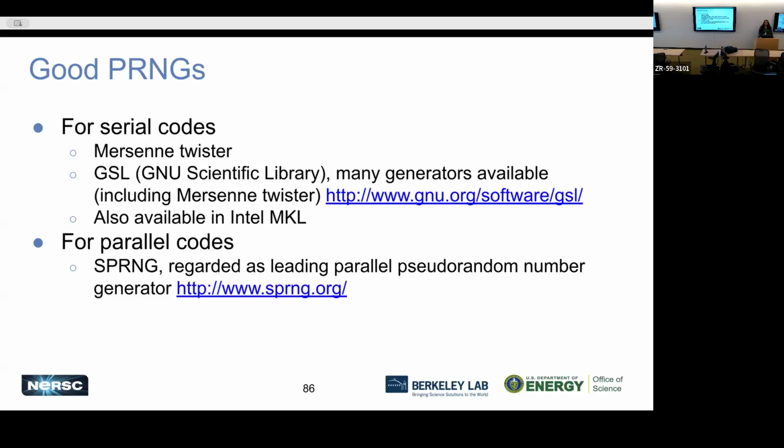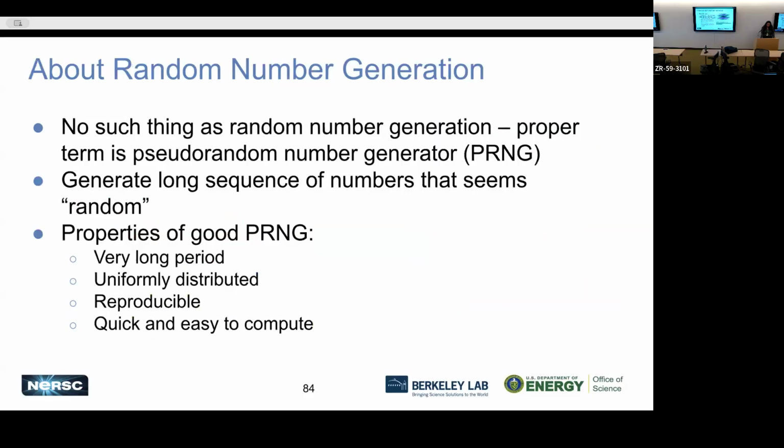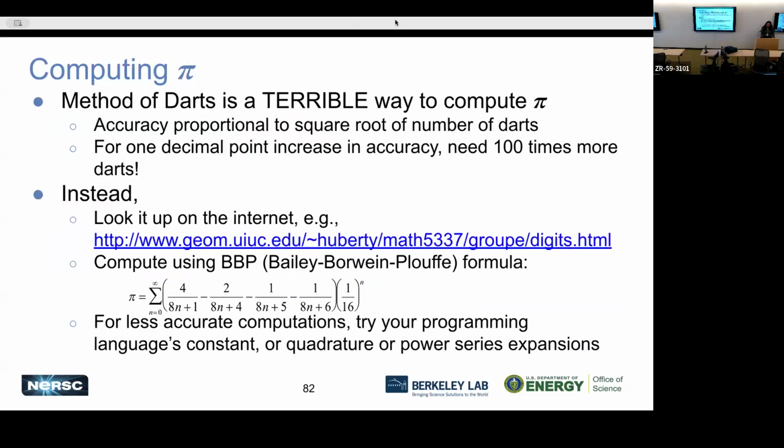I believe Intel MKL also has a parallel pseudorandom number generator, but I think it's limited to, I don't know, 128 or something, different streams. That's fine if you're not using more than 128 parallel streams. Anyway, those are my recommendations. So that's kind of the end, but okay, let me stop sharing here.